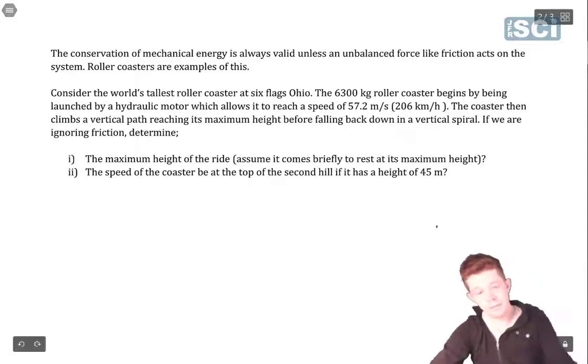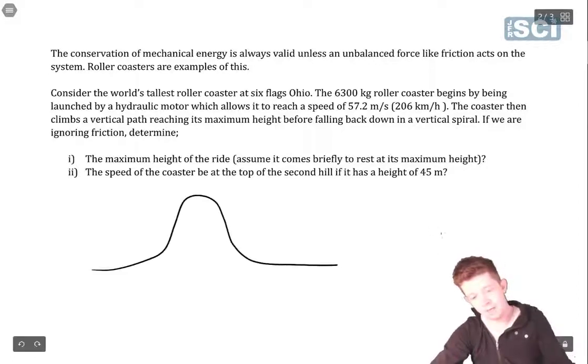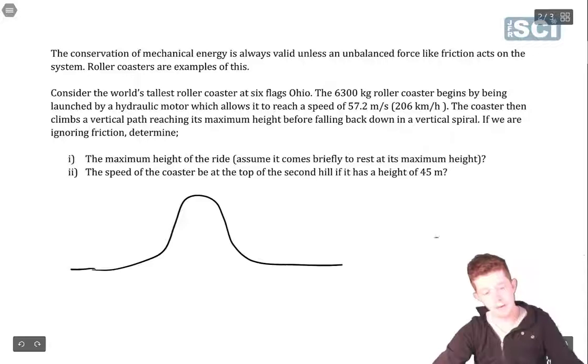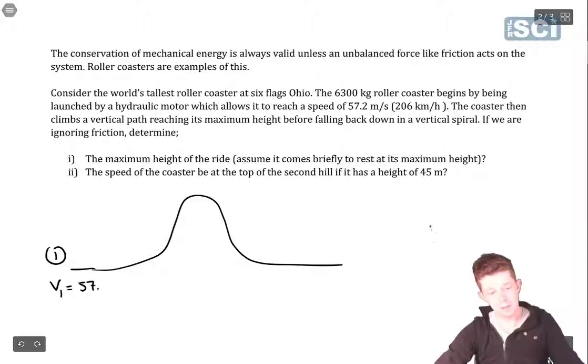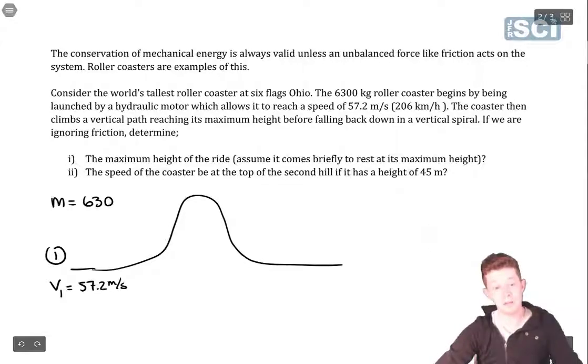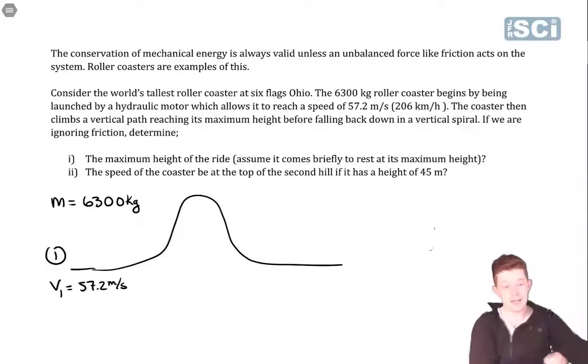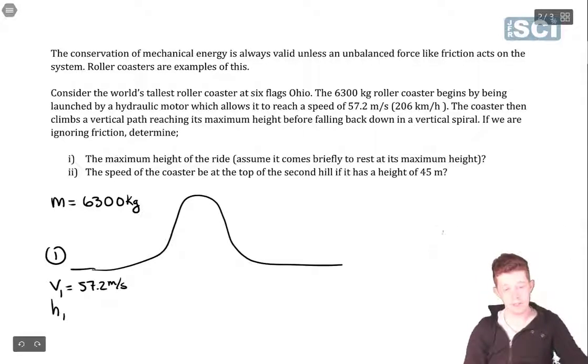At the very beginning of this situation, if I have this as my first bump in my ride, at the very first location, I have a speed that is 57.2 meters a second. I know that my roller coaster has a mass of 6,300 kilograms, and it has a height of, let's call it 0.